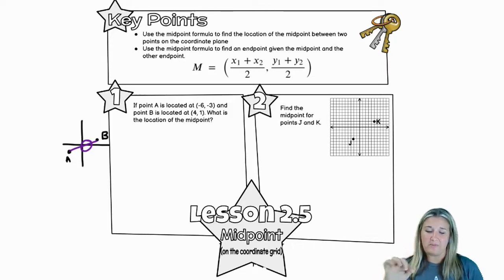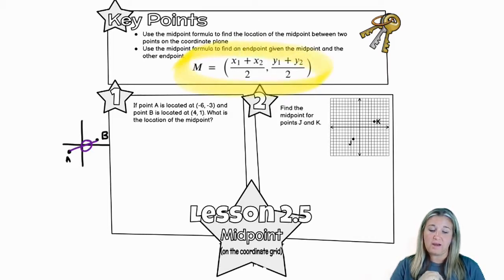So somewhere in there. Okay, so I'm going to use the midpoint formula that we see located right up here. All right, so I'm going to do the midpoint formula twice. I'm going to do it for the horizontal distance, I'm going to find the midpoint there. And then for the vertical distance, I'm going to find the midpoint there. So I'm going to use my two x's.